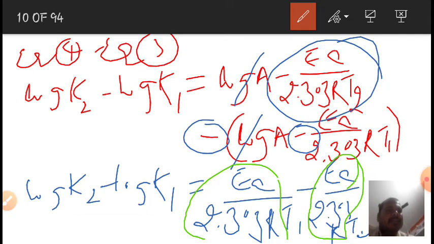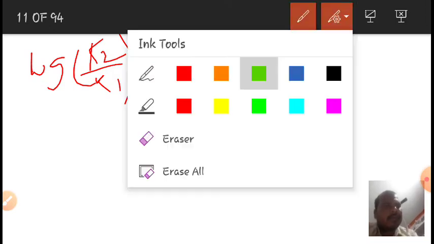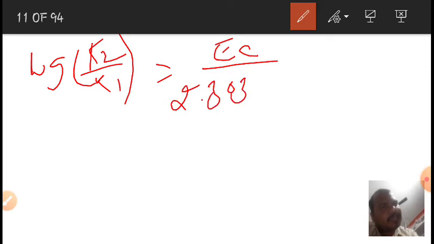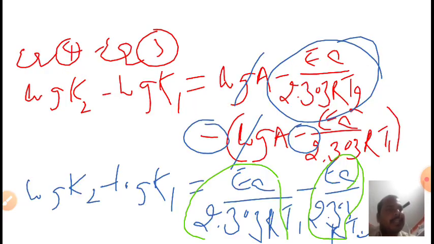I am taking it common out. Then I will get Ea by 2.303R into 1 by T1 minus 1 by T2, right?